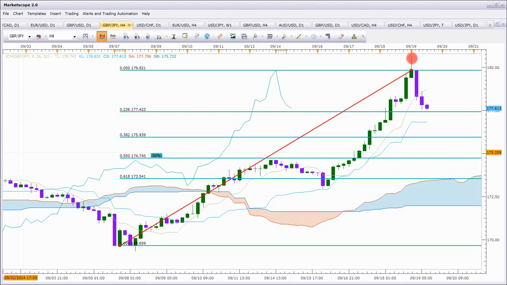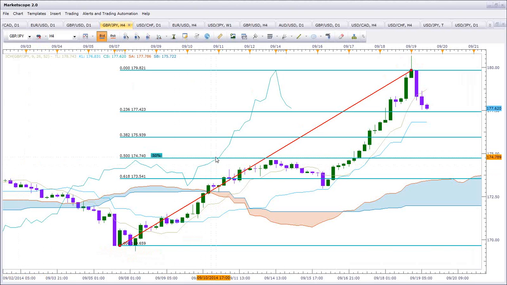So some people completely disregard the shadows of the candles and go from the bottom of the candlestick, like the certain definite bottom, to the certain definite high. Some other people argue that no, you could actually go back and forth.